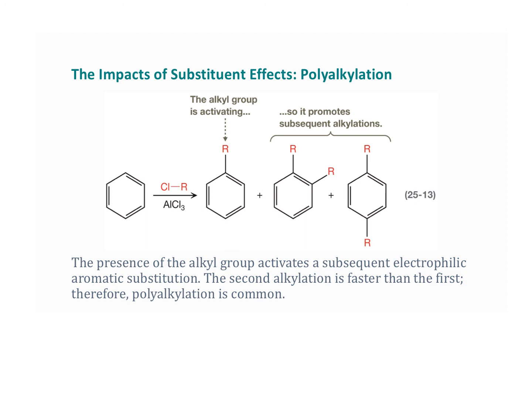And so with an alkyl group having been added in the first alkylation, all of a sudden the ring is ready to react. Subsequent alkylations become faster. So what we find is that Friedel-Crafts alkylations are really subject to polyalkylation, and we have to watch this.